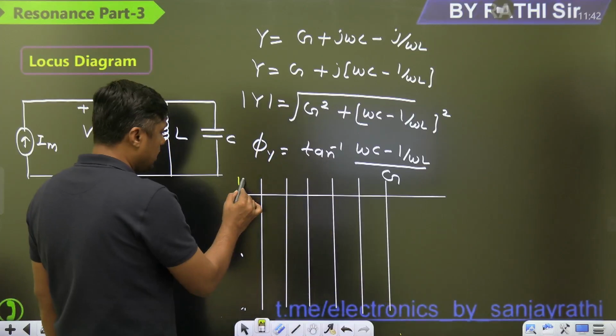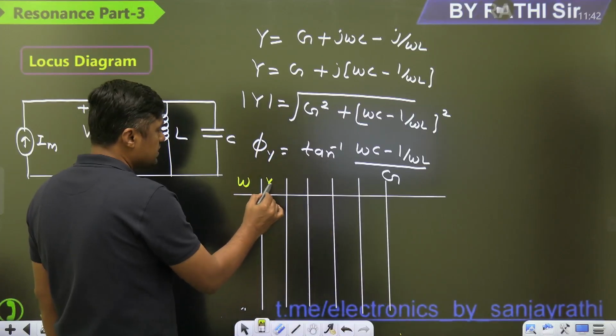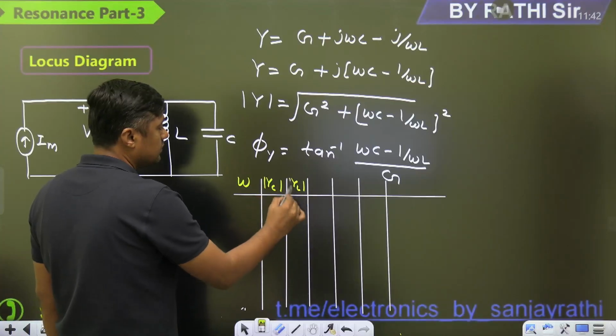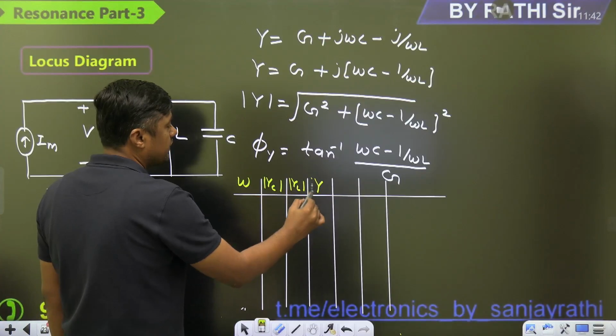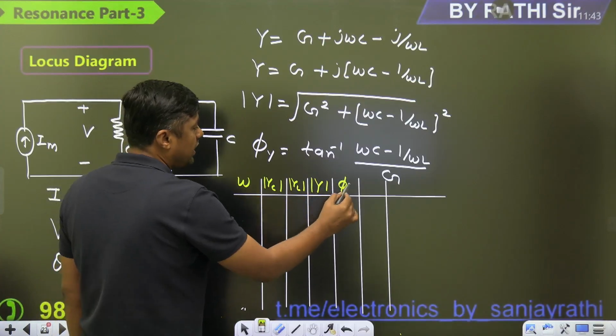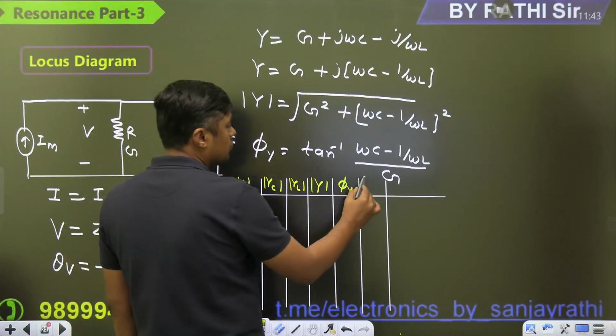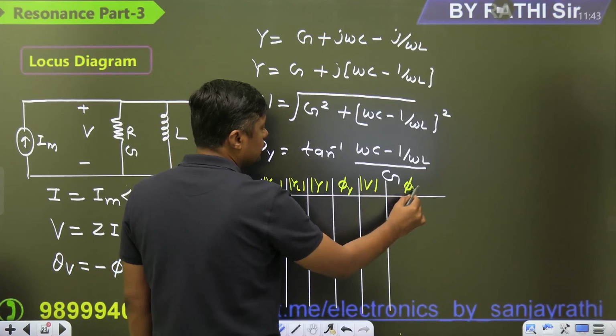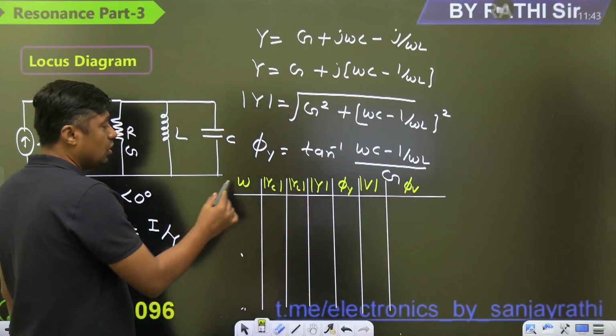This is the omega, YC, YL, overall Y, phase of Y, magnitude of V and angle of V. Right, very simple. Omega equal to 0.